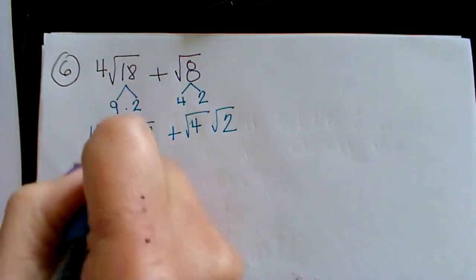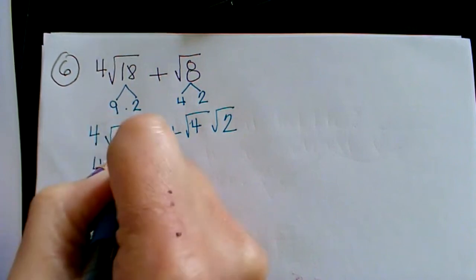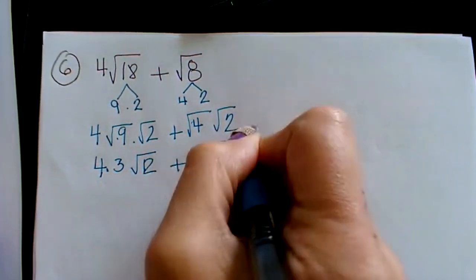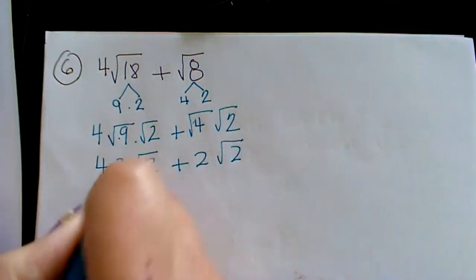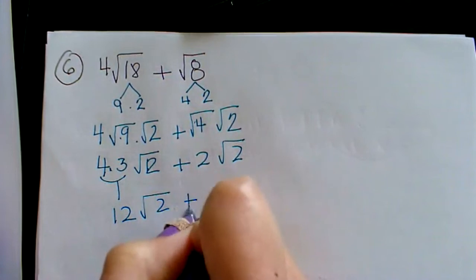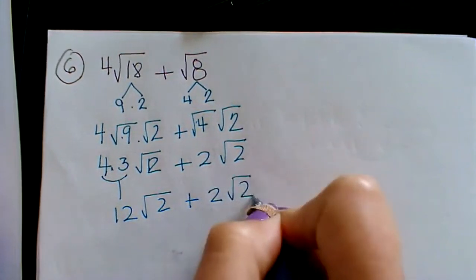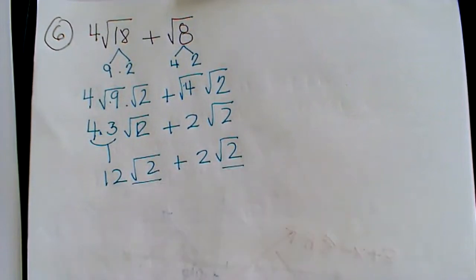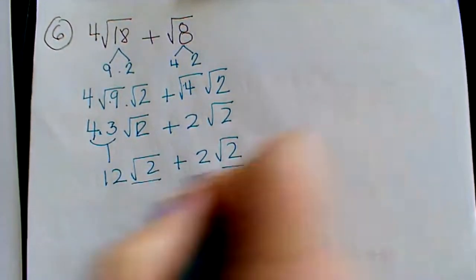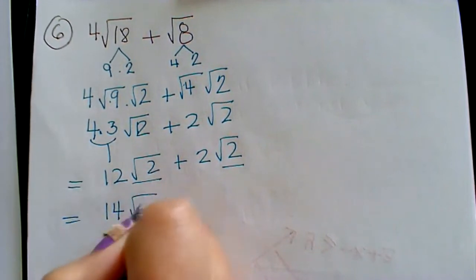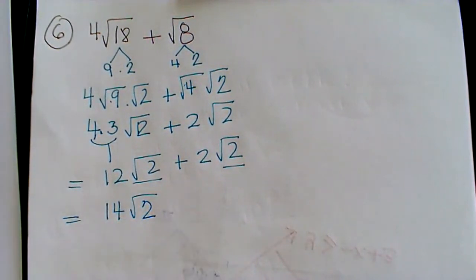So now the square root of 9 is 3 times the square root of 2, and the square root of 4 is 2 times the square root of 2. Now let's multiply here. What do we get? 12 square root of 2 plus 2 square root of 2. Again, we have the same radicands. Now we can add the coefficients. What do we have? 14 square root of 2.